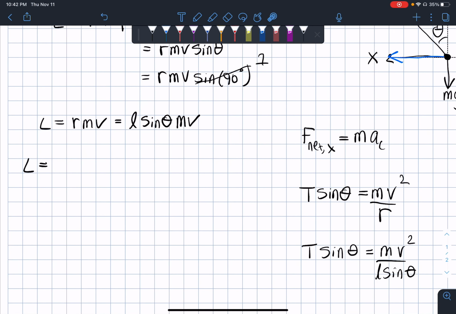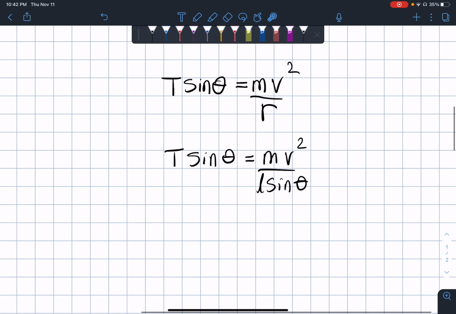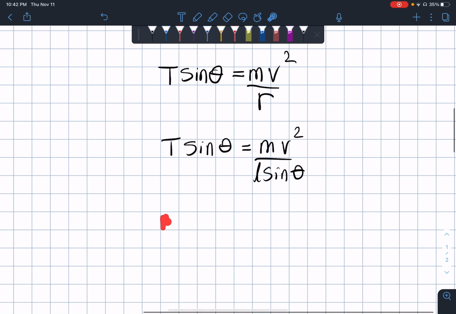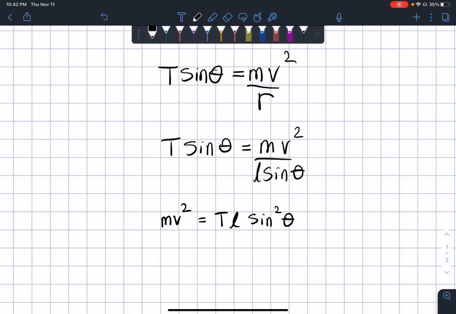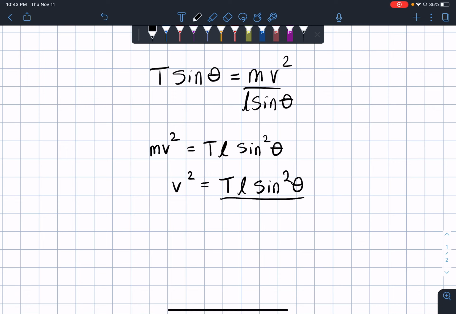Well, first thing I'm going to do is solve for v squared right here. So mv squared equals T L sine squared theta, and then v squared equals T L sine squared theta over m.